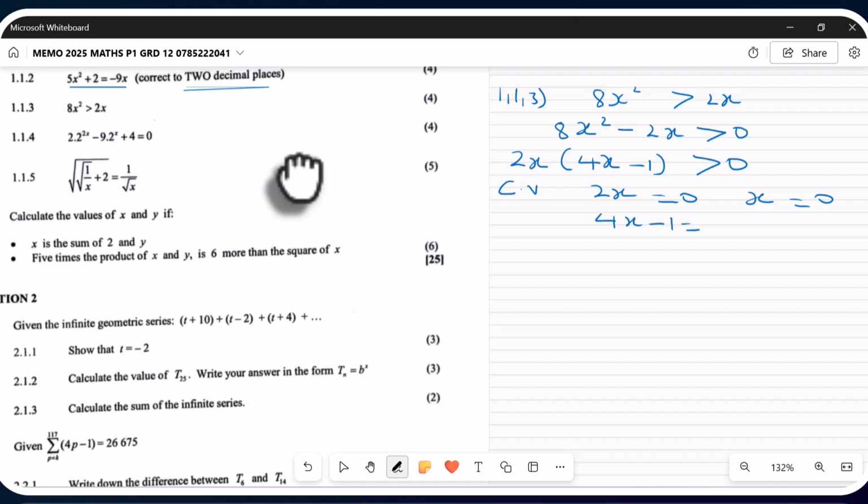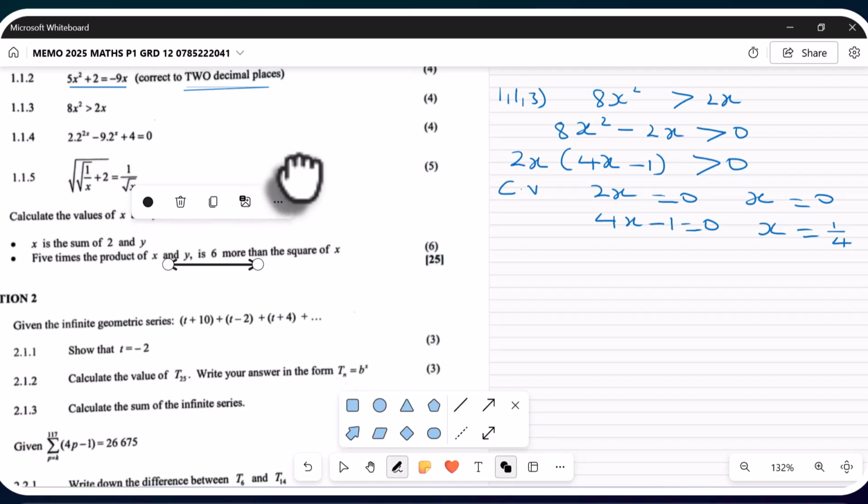So these are critical values here. After getting them, now we draw a number line here. Pay attention.